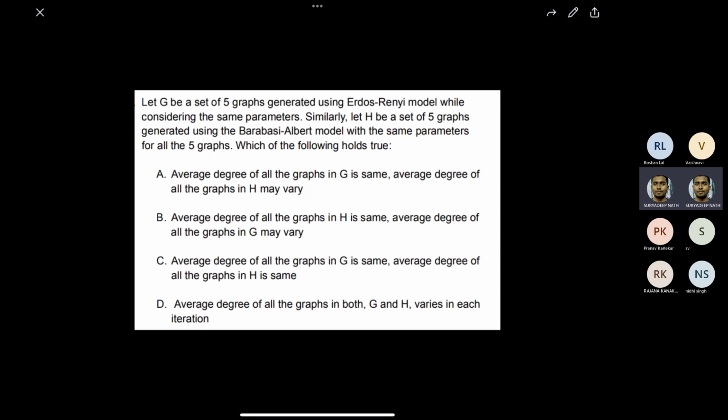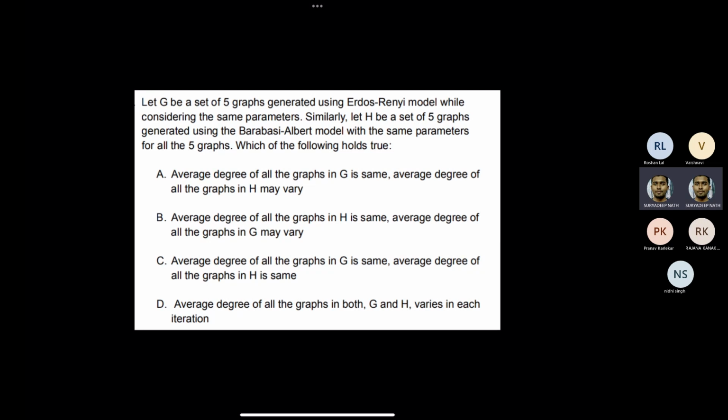Average degree of all graphs in G is the same; average degree of all graphs in H may vary. In the Erdos-Renyi model, option A is the right answer, where in G it is the same and in H it varies because of preferential attachment.